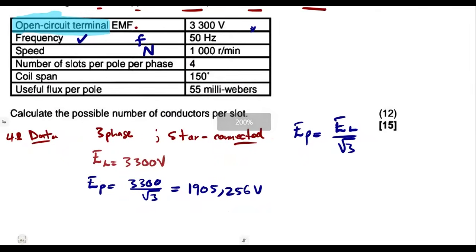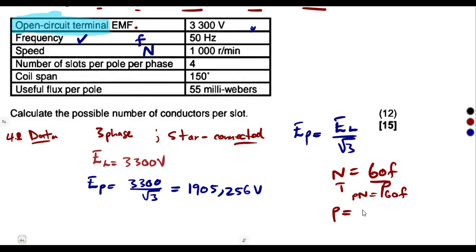Remember, N is equal to 60F over P. We can calculate the pair poles by cross multiplying, so Pn is equal to 60F, and you divide by N.